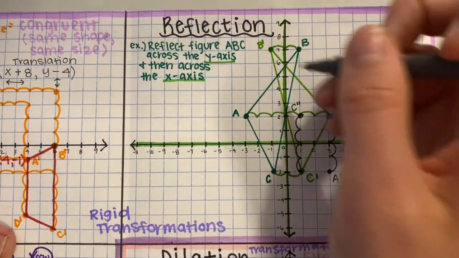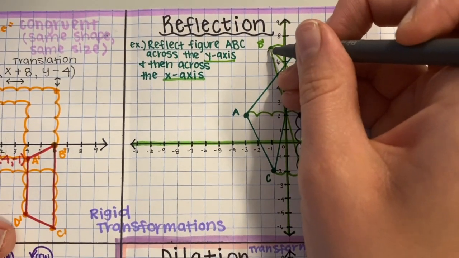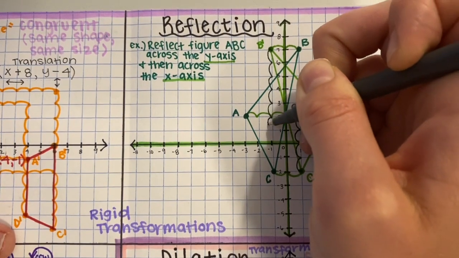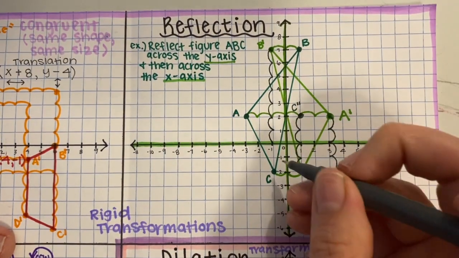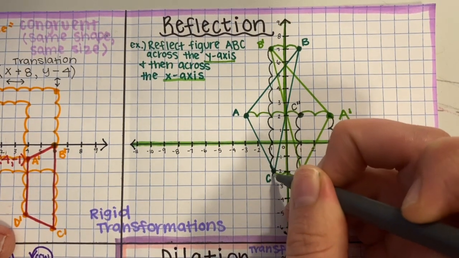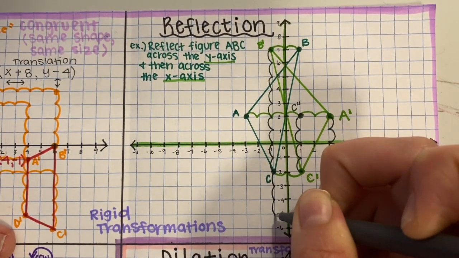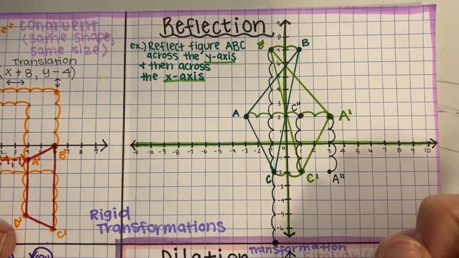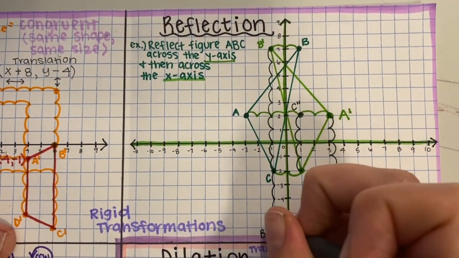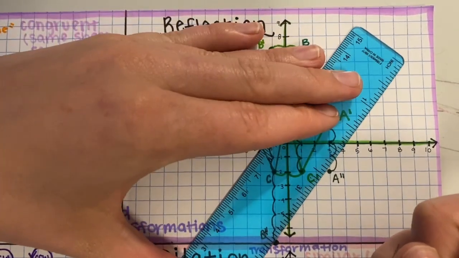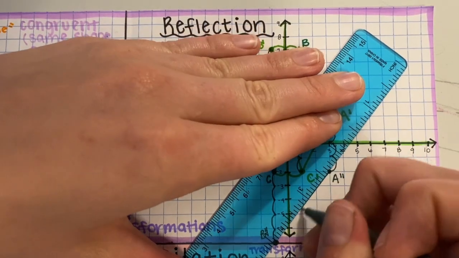And then B prime is 1, 2, 3, 4, 5, 6, 7 units above the X. So we need to go 7 units below X. And that is going to be where B prime prime is. And then I can connect these dots.